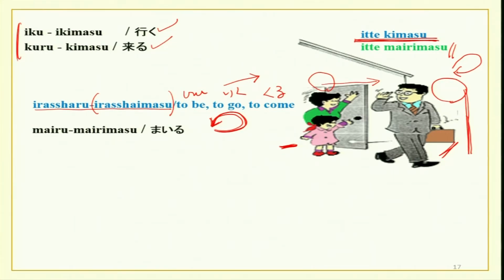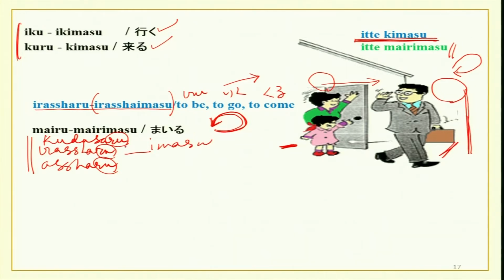Now, something very interesting over here, you will look at these verbs irasharu, we did osharu, and then we have also done kudasaru, kudasai masen ka. So, now all these verbs end in ru over here, but what is the mas form? Kudasaimasu is there and not kudasari mas, which should have been there for all group 1 verbs, isn't it?